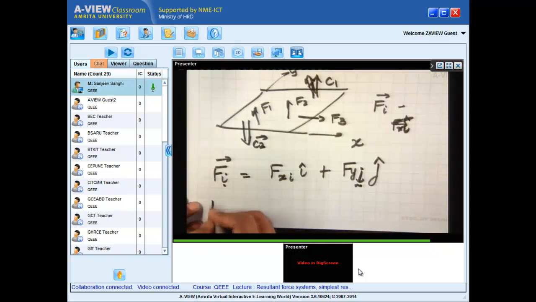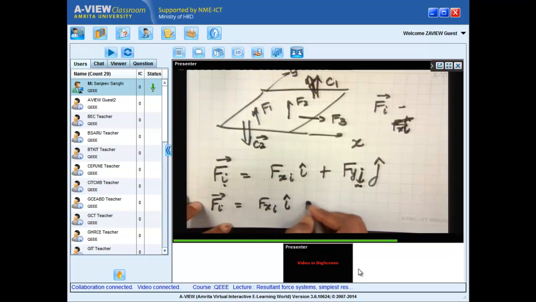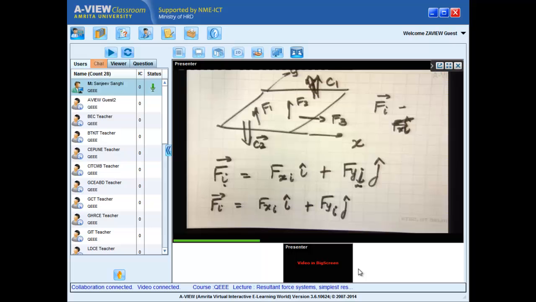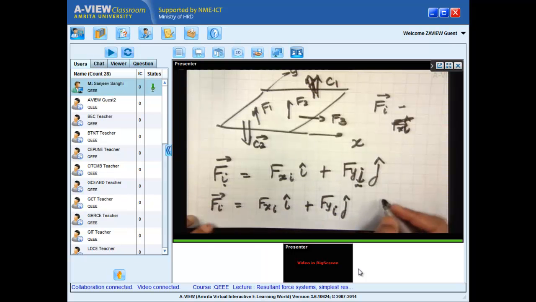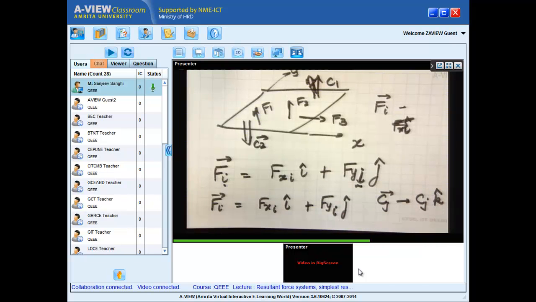So let me write this again neatly. Fi is equal to Fxi i plus Fyi j. This is the general form, and any couple Cj is along k.